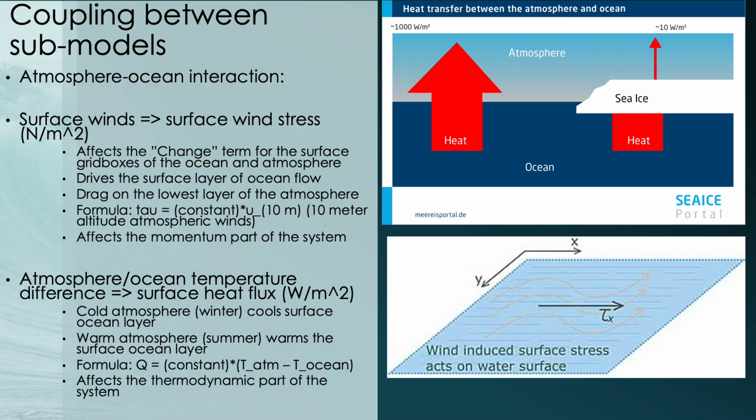And so a couple of ways in which they interact is the ocean, so the atmosphere, the surface winds from the atmosphere produce a stress. They produce a force on the ocean surface, and this can generate waves, for example, and also can affect currents. And then the atmosphere and the ocean, they also exchange heat, and you can see how it can become complex because the heat exchange between the atmosphere and the ocean depends on the sea ice cover.